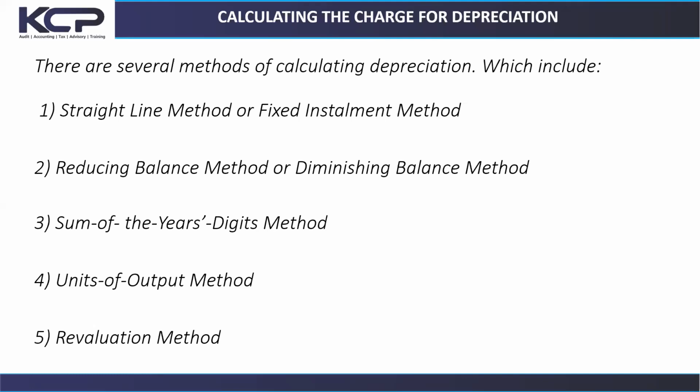Straight line method, meaning that you are assuming that the organization receives equal economic benefit or value from the asset all through its useful life, which is not very realistic. I don't think there is any asset whose state of performance will be constant all through. Either of two things is likely to occur.